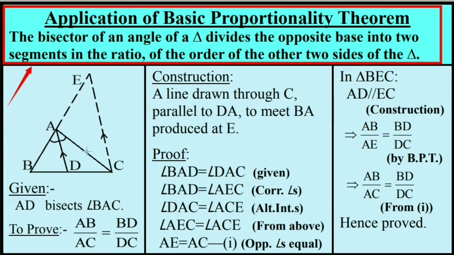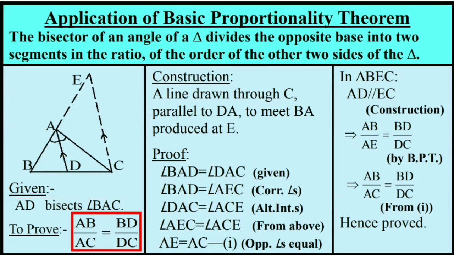Given here is that AD bisects angle BAC of triangle ABC, where D is a point on BC. To prove: AB by AC is equal to BD by DC.